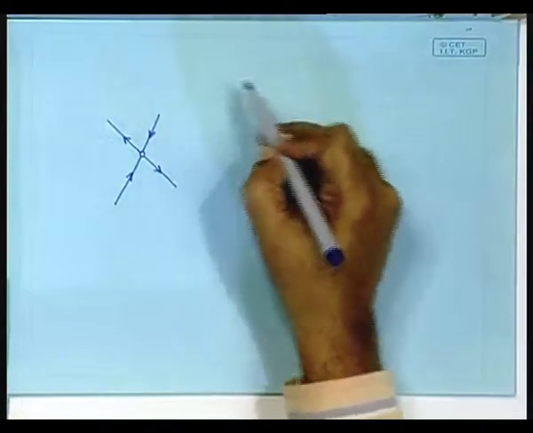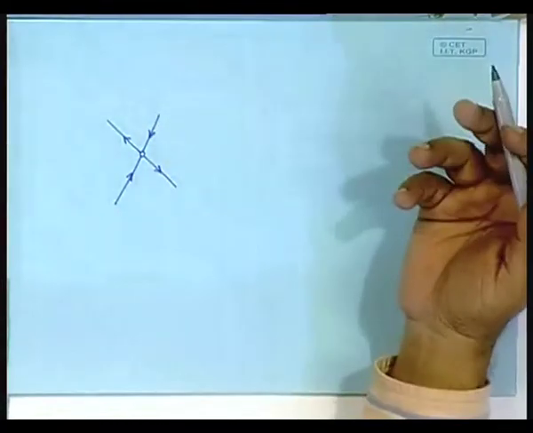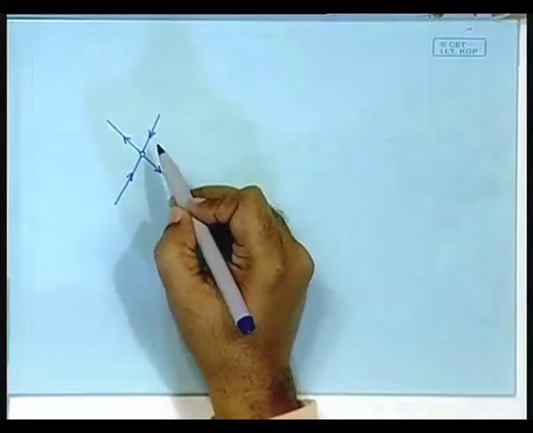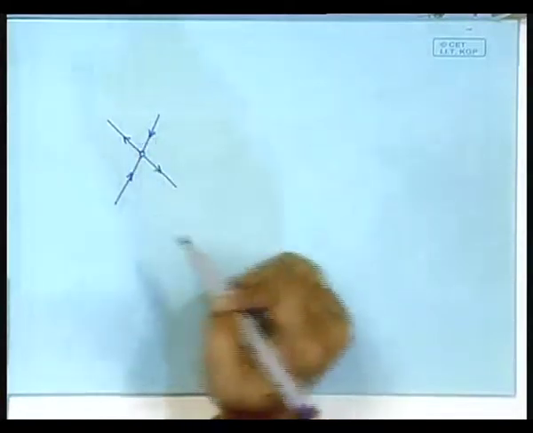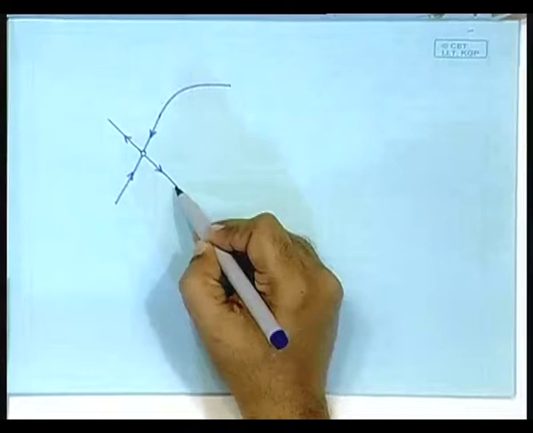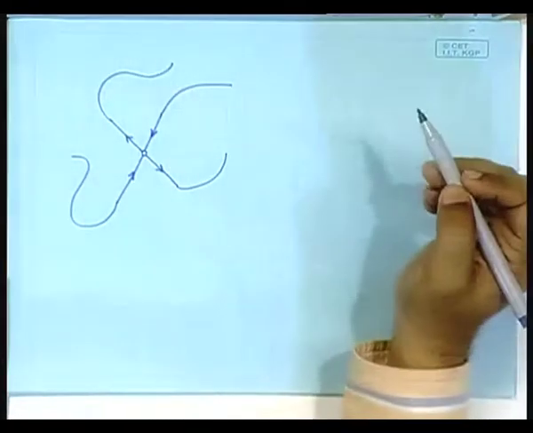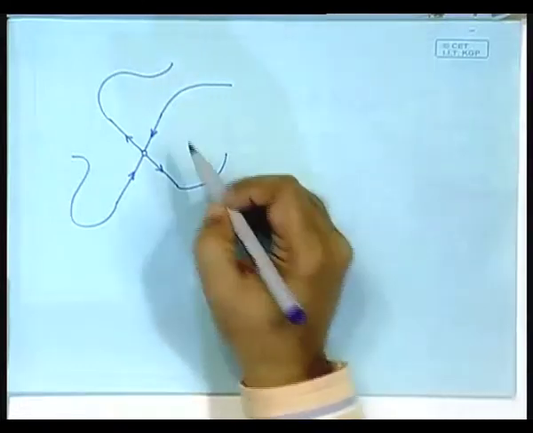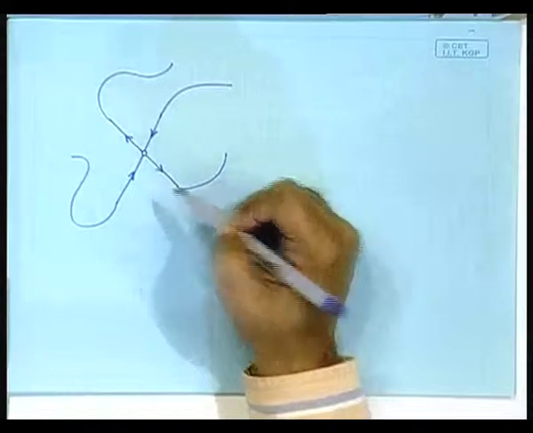But if you consider the state space outside the immediate neighborhood of this fixed point, you will find that these lines are all bent. They can bend in all sorts of possible ways, and we had said that this is the stable manifold and this would be the unstable manifold.